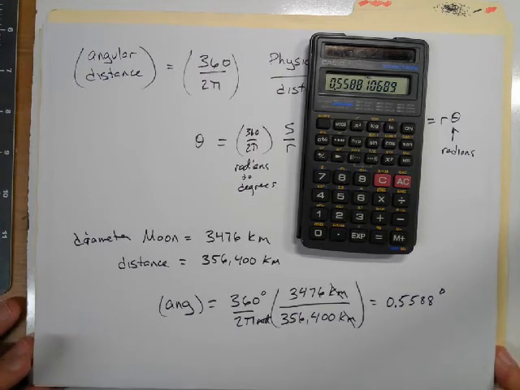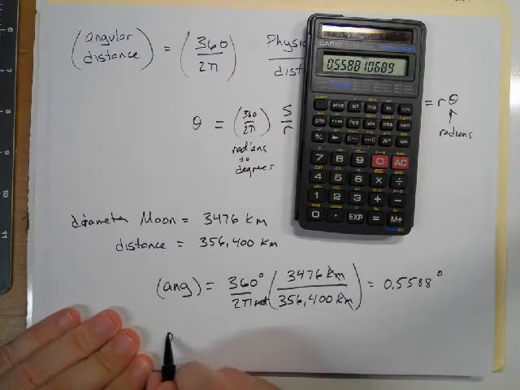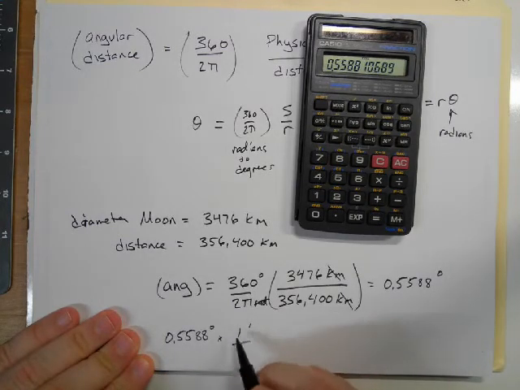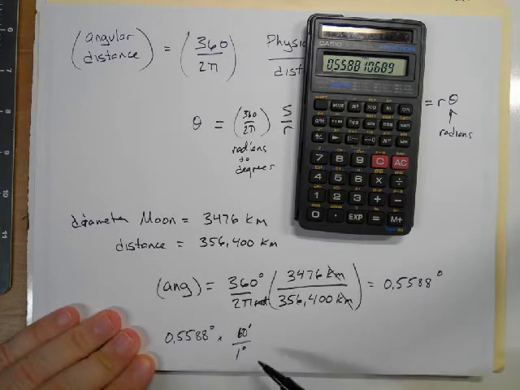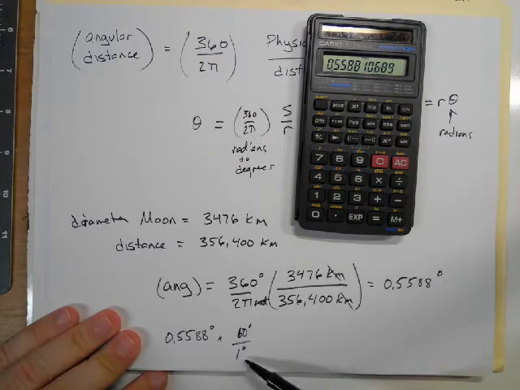Now, if I want to know what this is in other units, I'm going to do a unit conversion. 0.5588 degrees times 60 minutes over a degree. If I want to convert to minutes, I have to put however many minutes I'm going to have on top, and the 1 degree on the bottom to cancel it.